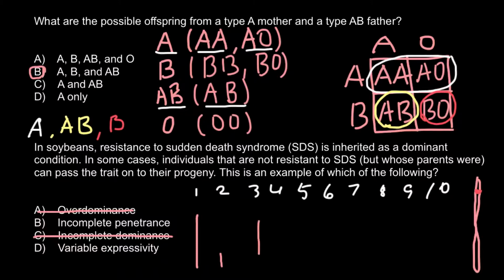And all people here may have a different expressivity of this genetic disorder, but some of the people, for example, number 6 and number 9, may not have this genetic disorder at all.